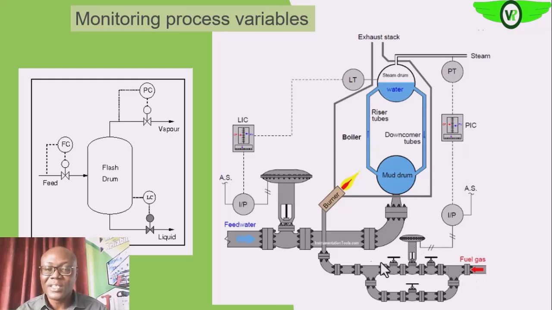It sends signal to the fuel valve to increase the amount of fuel that is sent to the burner, to increase the amount of heat that is generated here, and then the amount of heat that is absorbed, the amount of steam that is generated will also increase, and thus the pressure of the steam will be increased.